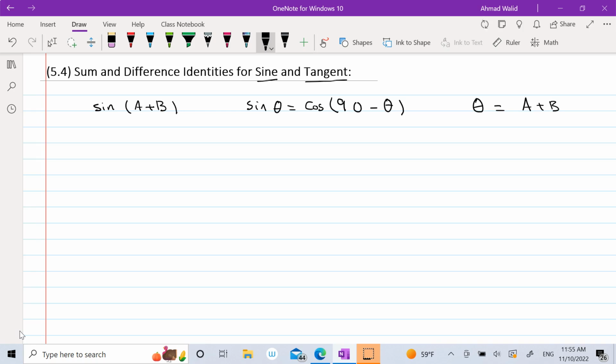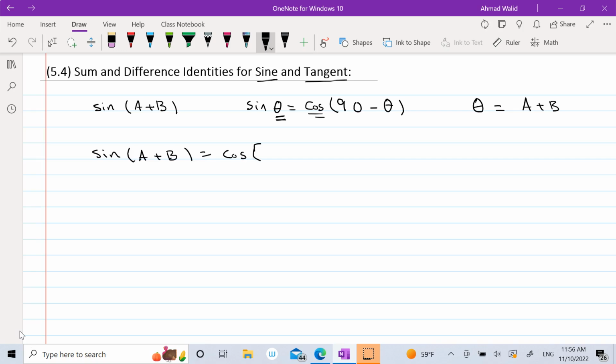Correct? Let's do that. If we do that, instead of theta, you're replacing your theta with a plus b. Then you can write sine of a plus b equals cosine, keep your cosine, correct?